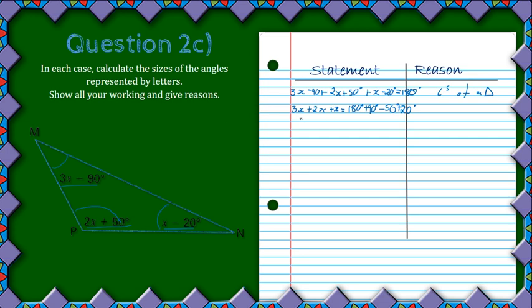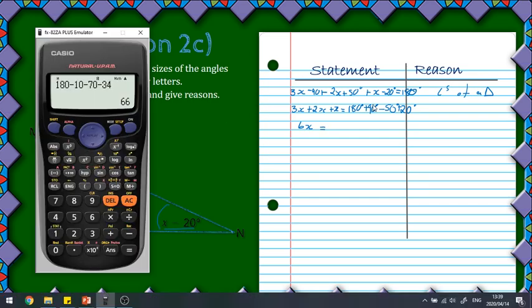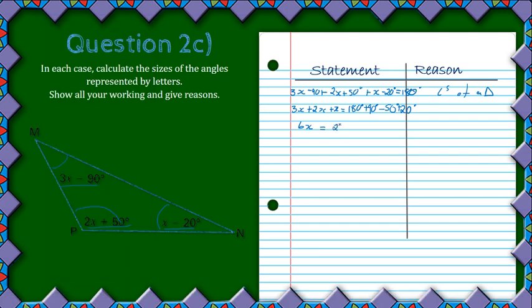Alright, so now add my like terms. This is 6x, so 6x is equal to 180 plus 90 minus 50 plus 20, and this gives me 240 degrees. Alright, and then I just divide both sides by 6 to get x on its own, and 240 divided by 6, or 24 divided by 6 is 4, so 240 divided by 6 will then be 40 degrees.